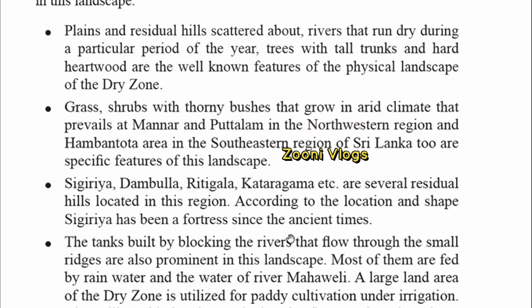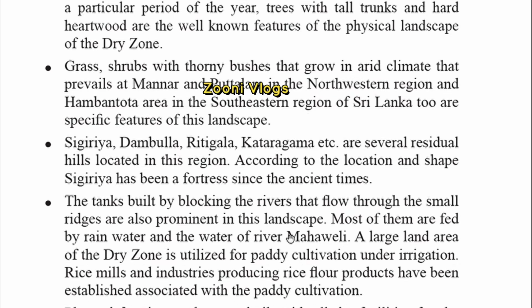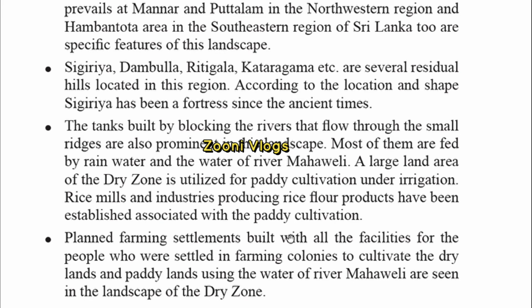Most of them are fed by the rainwater and the water of Mahaweli. And the other one is most of the people paid attention to farming and animal husbandry. Now you can see here farming colonies in dry zone.